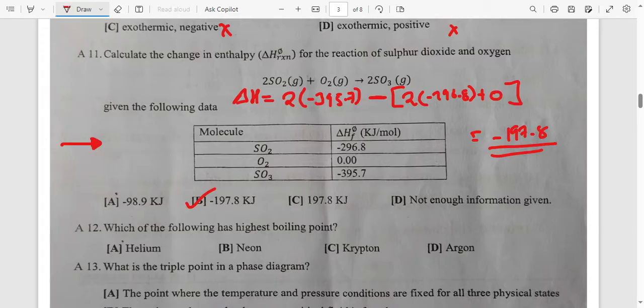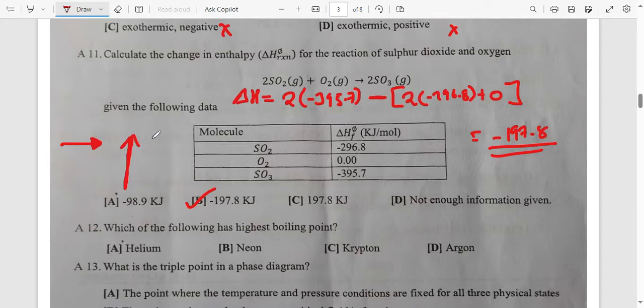So I want to look at group 8 elements and see what trend they possess when it comes to boiling point. So when you're comparing group 8 elements, or the noble gases, the general trend in the melting and boiling point is that down the group, it decreases. So there's going to be a decrease in boiling point as you go down a group, meaning that as you go up, there's an increase.